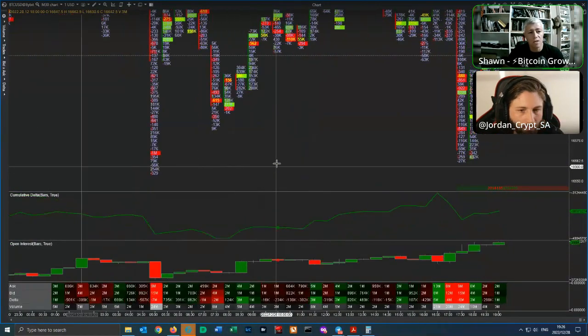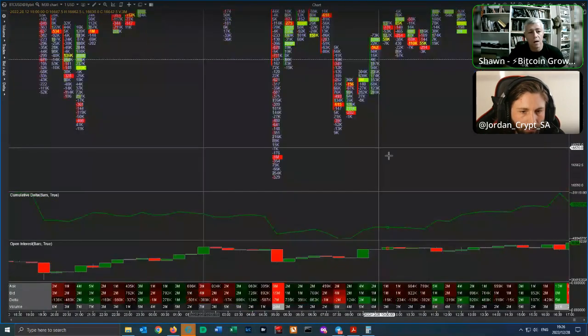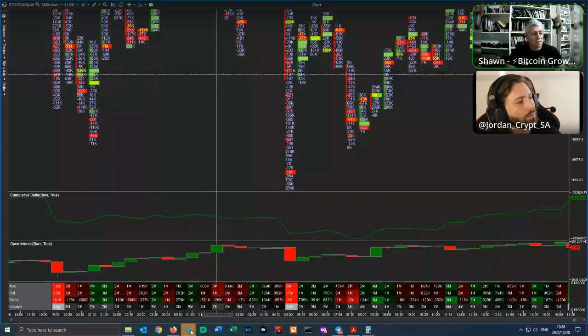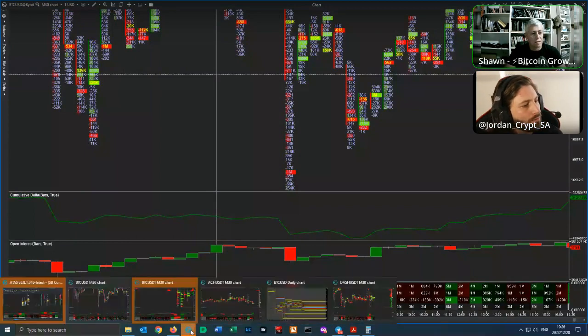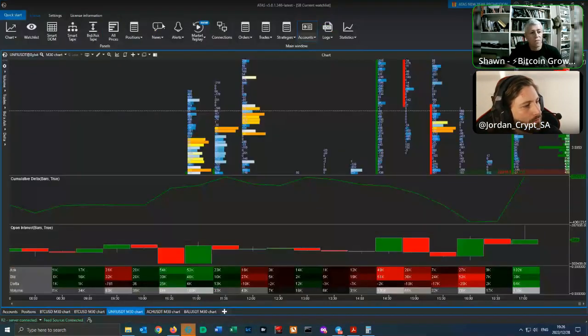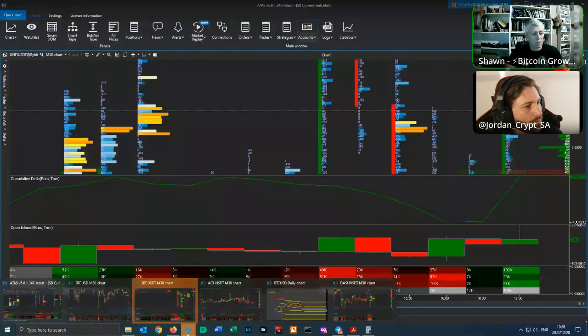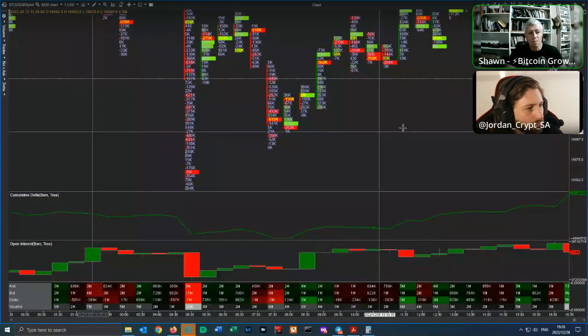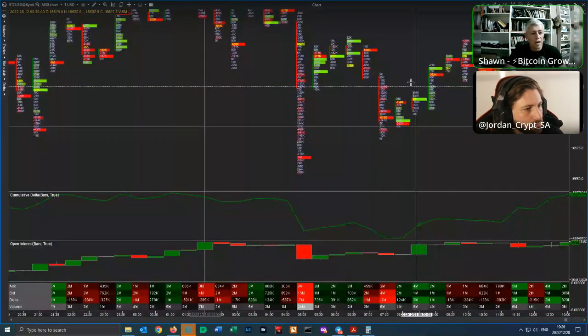I use this very much in conjunction with order flow. By the way, if you guys haven't seen this software, it is called ATAS. It is free for crypto, and it tells you where the buys and sells are within the candles. Each of these is a 30-minute candle, and I've changed this to a delta view.